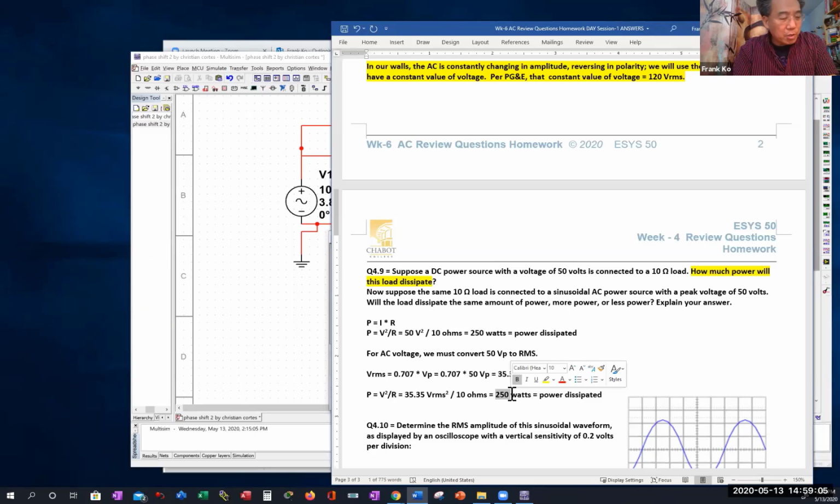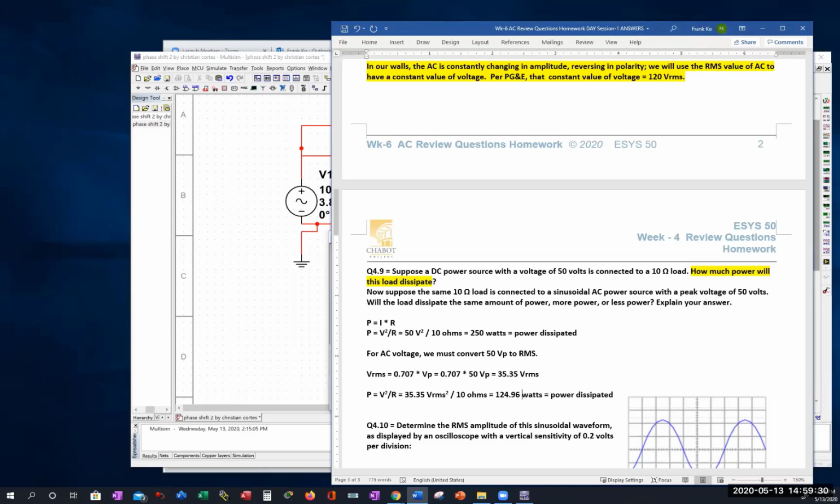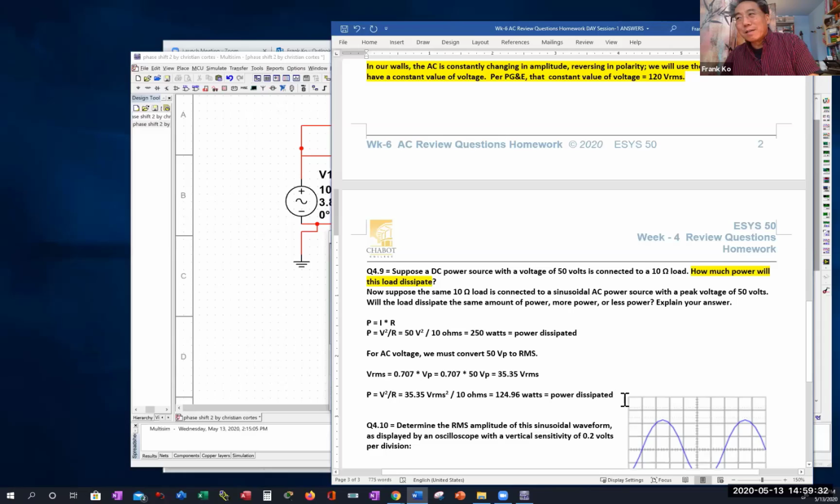You might have to hit equals on your calculator. Oh, okay, that's what's going on. 35.35 squared equals, and then divide by 10. What do you got? There we go. 124.96 watts.